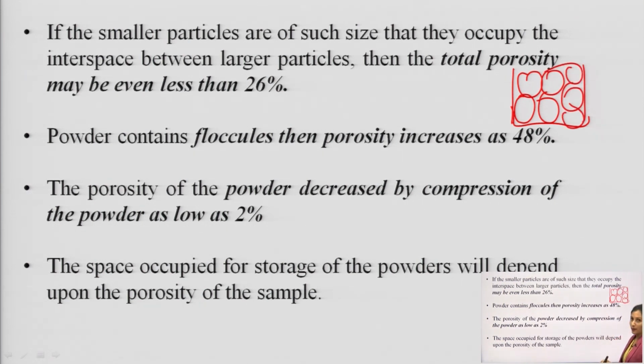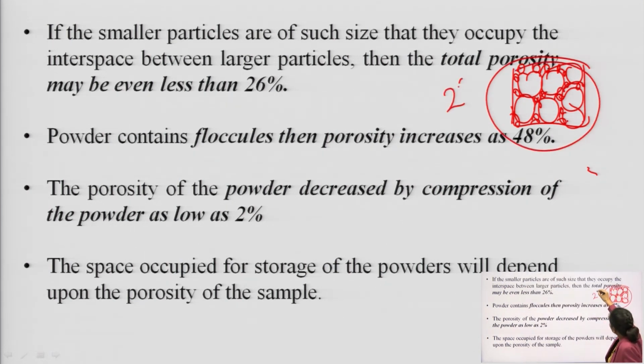Some are larger particles, and some are smaller particles. Because of the polydispersed nature, all particles are not exactly of the same size, they are in a size range. So, smaller particles will occupy this void space. In that case, the total porosity, even of asymmetric particles, will be less than even 26%.